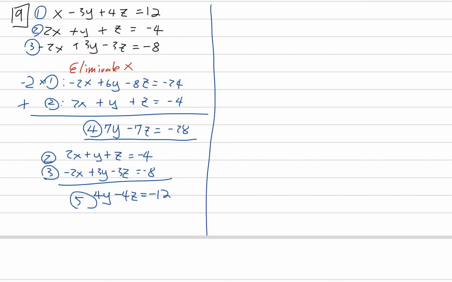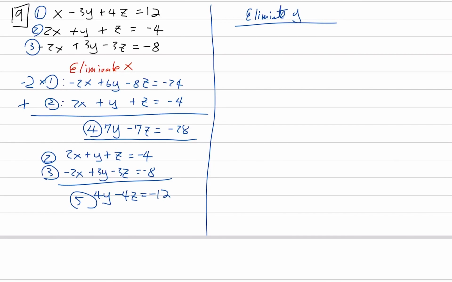So now, using the fourth and fifth equation, I'm going to eliminate one variable. Both are an equal level of difficulty or time consuming, so I'm just going to select y. So eliminate y.